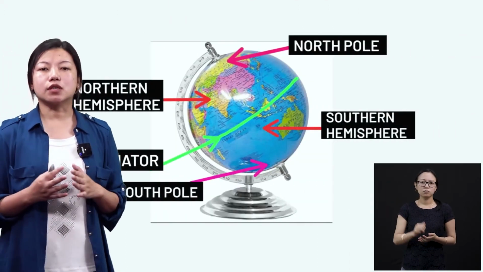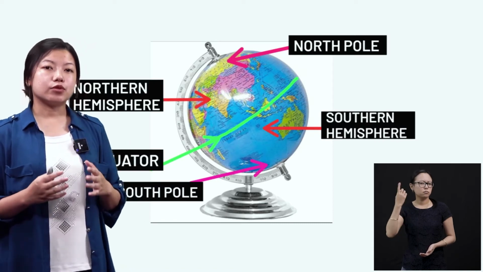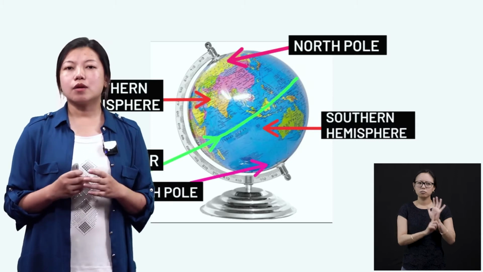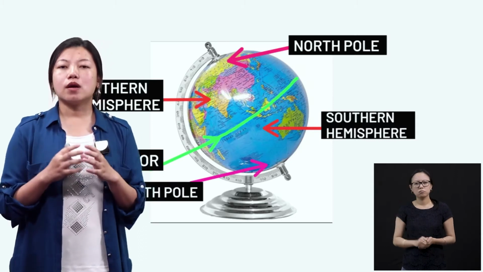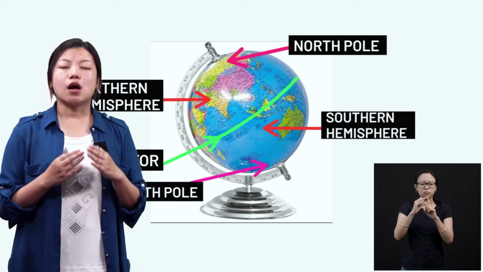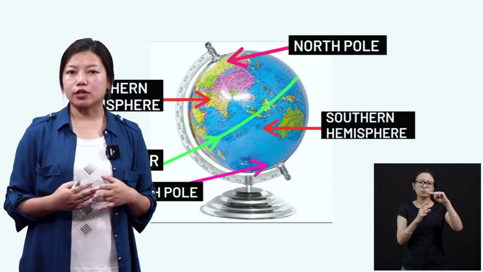Okay, coming to the globe now. So in the previous class also I have shown you the same image, and here also you have to learn, because with the help of globe, when you know the directions, you will be able to understand what is a latitude and what is a longitude.